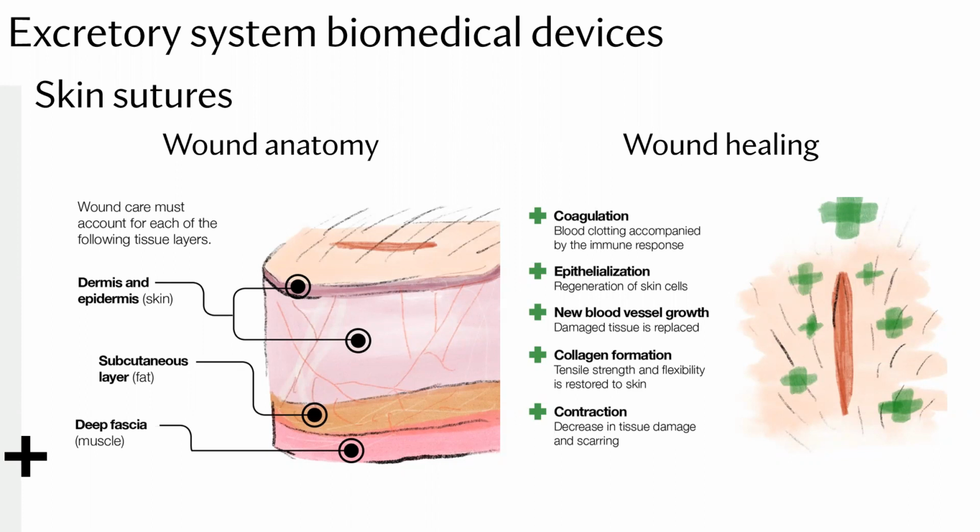But to understand that a little bit more and to put it in context, let's revisit the anatomy of our skin. In our skin, we have this layered structure all the way from the dermis and epidermis to those subcutaneous layers underneath.